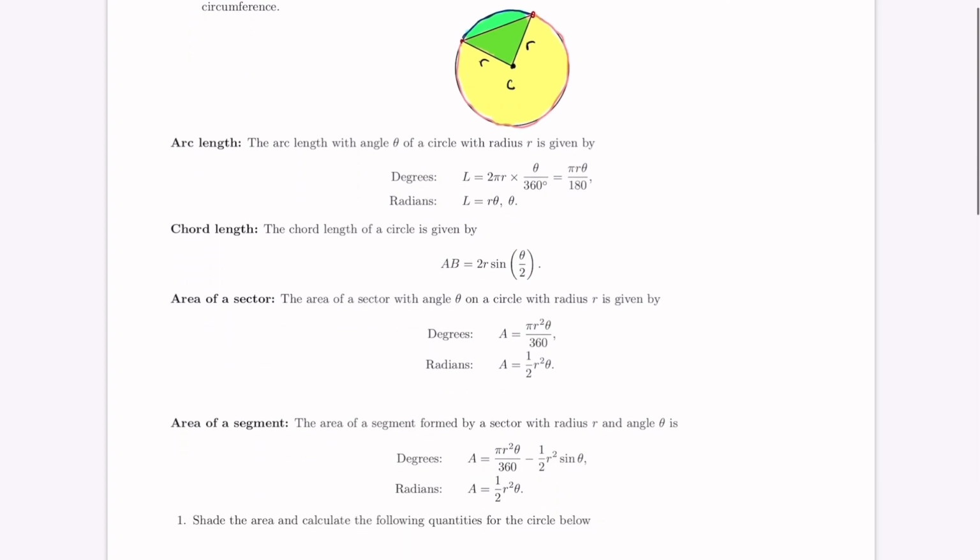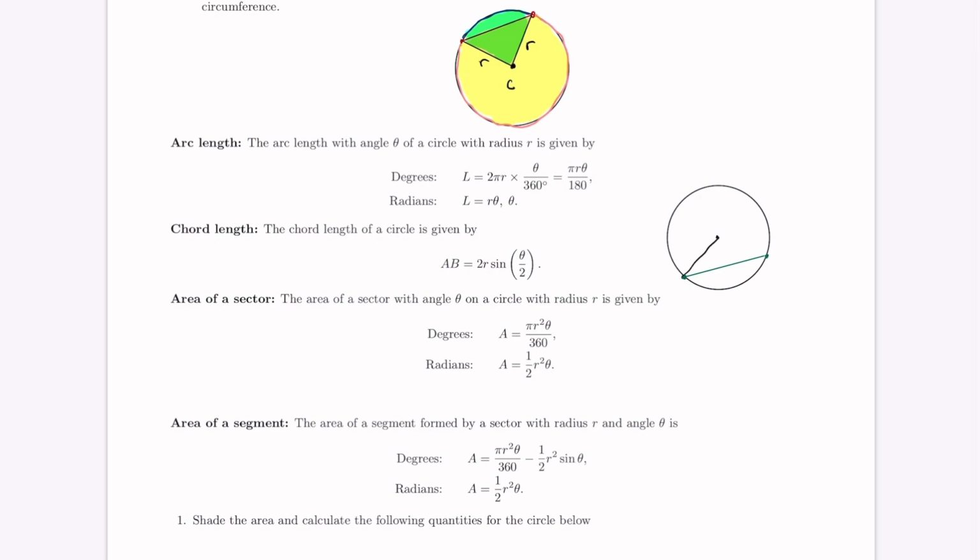For your chord length, let's have a think about the chord length. If I draw a circle, we're interested in this length over here. That's a chord of a circle. The center of the circle's here.